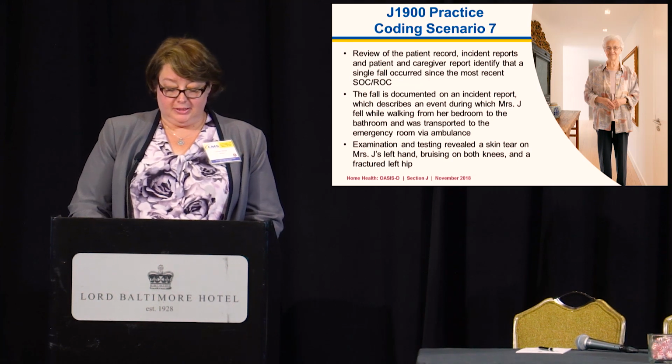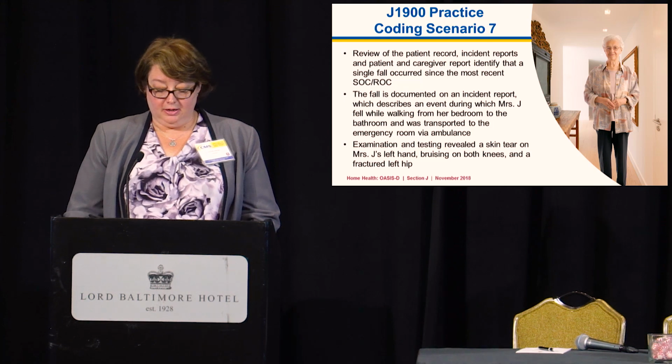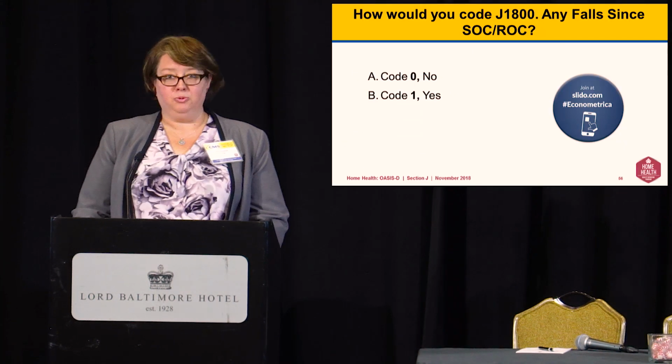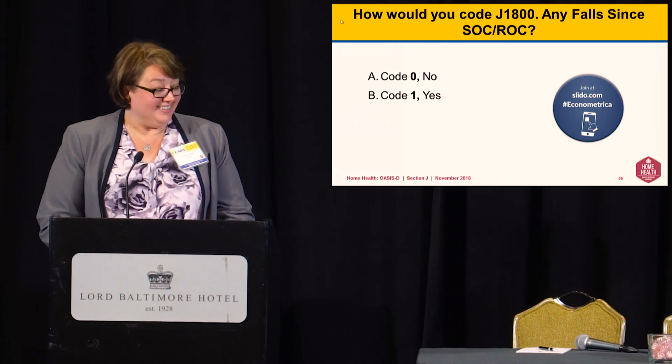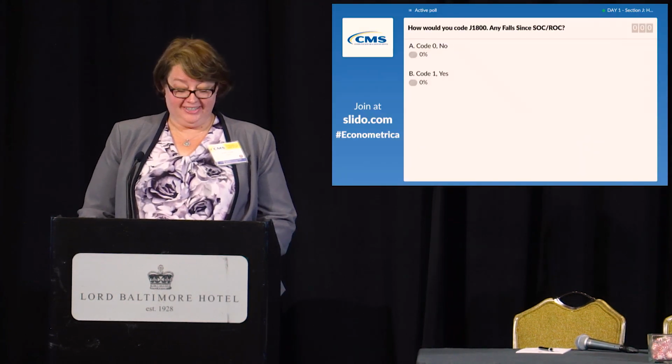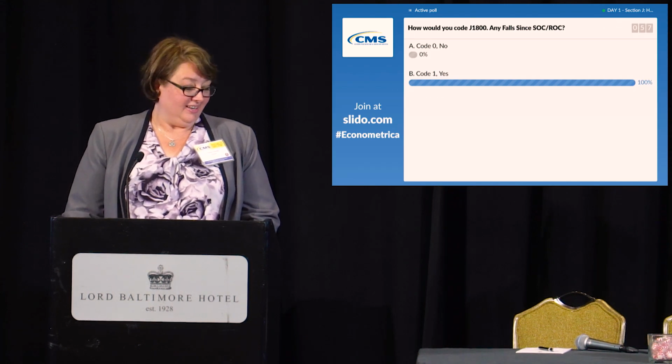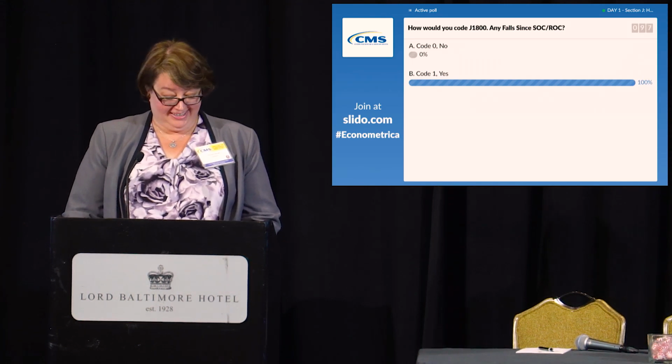Examination and testing revealed a skin tear on Mrs. J's left hand, bruising on both knees, and a fractured left hip. With that scenario, how would you code J1800? Is it 0, no, or 1, yes? And that's a pretty resounding yes.